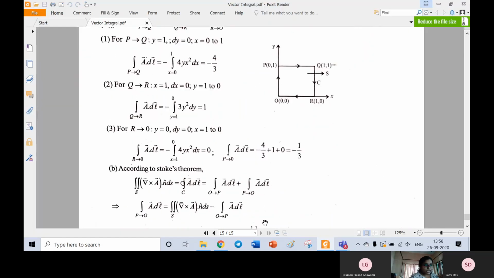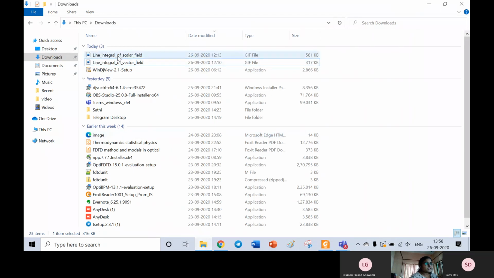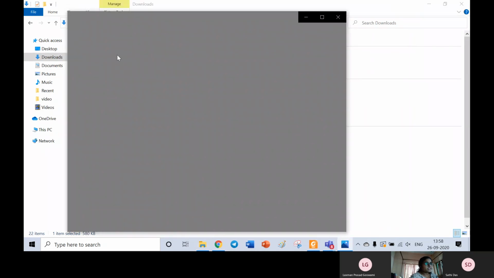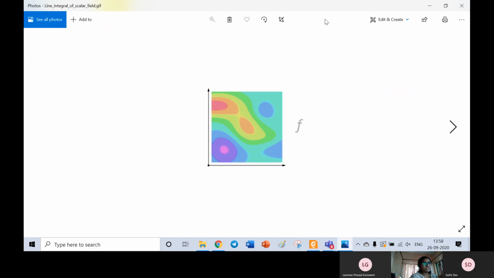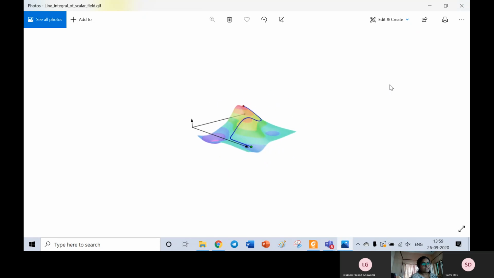The next question, vector quantity. So here I am showing you a visual representation of the line integral of a scalar field. Okay, this is the visual representation for the line integral of a scalar field. Look here. So here A to B, and this is giving you the line integral of the scalar field.